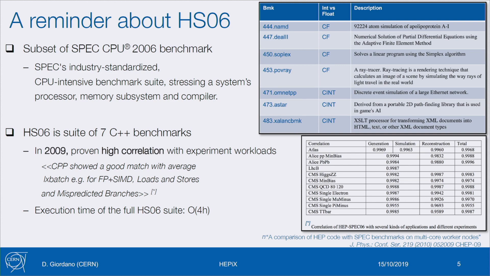When a new machine appears, what we run is HEPiX 6 to get a feeling and say, okay, this will be better than others for our workload, WLCG workload. Why do we say that?